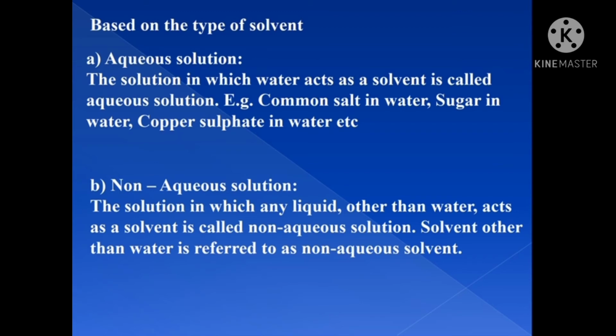Here also water is not acting as the solvent. Carbon tetrachloride acts as the solvent. So this also comes under the category of non-aqueous solution. Here the non-aqueous solvent is carbon tetrachloride.